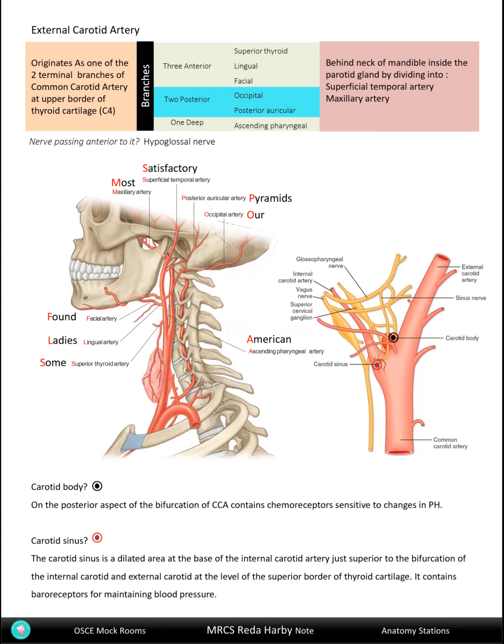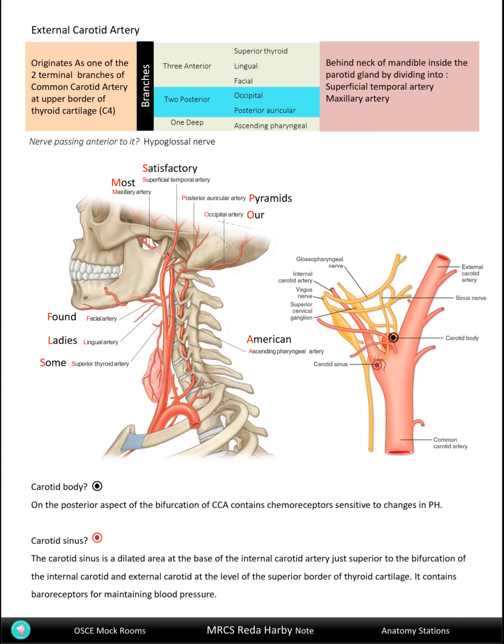The anterior, we're starting from the ascending pharyngeal deep, posterior occipital and posterior auricular, and superior thyroid artery, and ending in the superficial temporal and maxillary. Excellent. So I need you in the MRCS OSCE to have a very quick mind, with a single sentence to answer.